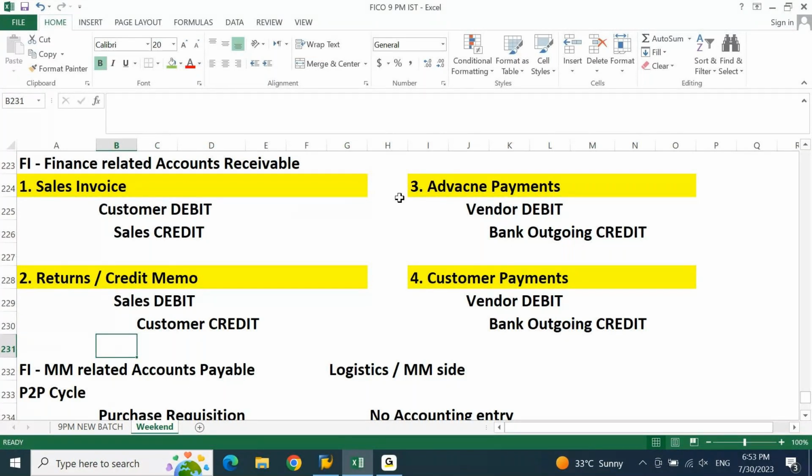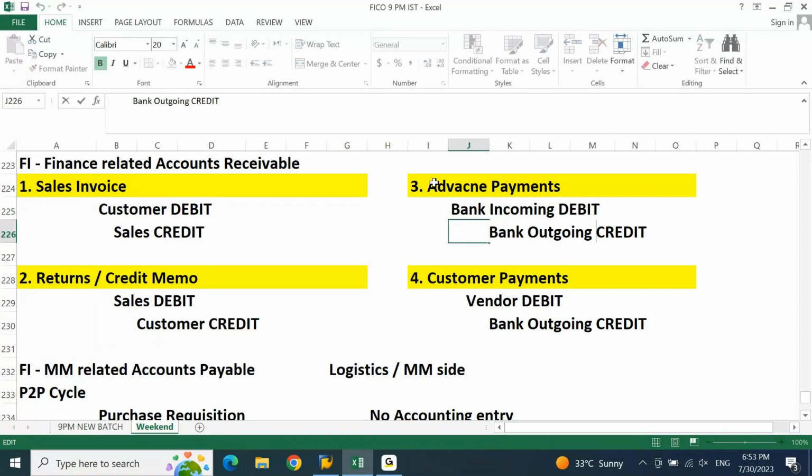Similarly, whenever you receive any advance payment from your customer. So here the accounting entry what we wrote, vendor account was on the debit side. Sorry, vendor will be replaced by your customer. Debit will be replaced by the credit. So what I will do here, I'll put bank incoming debit and I'm going to write customer credit.